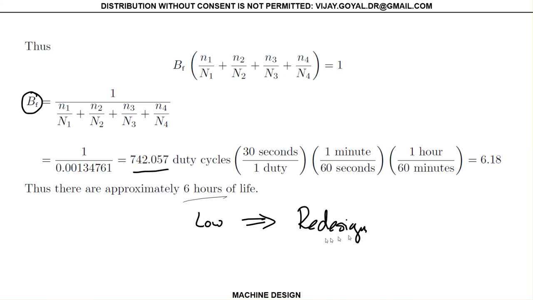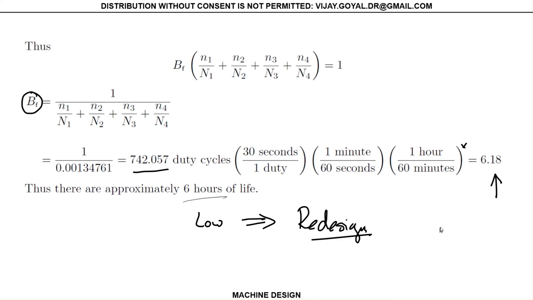The part needs redesign. Okay, and you can decide how much life you want in the structure. Many times, if you want a 1-year warranty, then you put here 1-year warranty and find how many. You can keep on multiplying this in terms of days and years, and then you can come up with a number here in terms of years. For a 1-year warranty, you have to make sure that this can be at least 1 year.